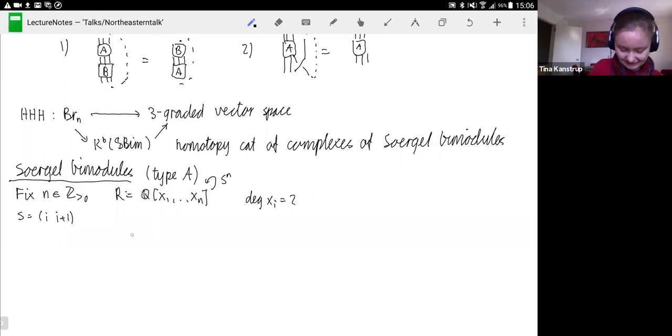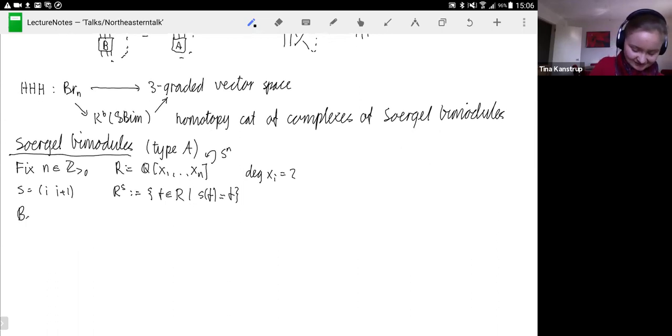Then I can define my R^s to be anything that is fixed by this simple permutation. So I just take any polynomial which is fixed when I interchange x_i and x_{i+1}.